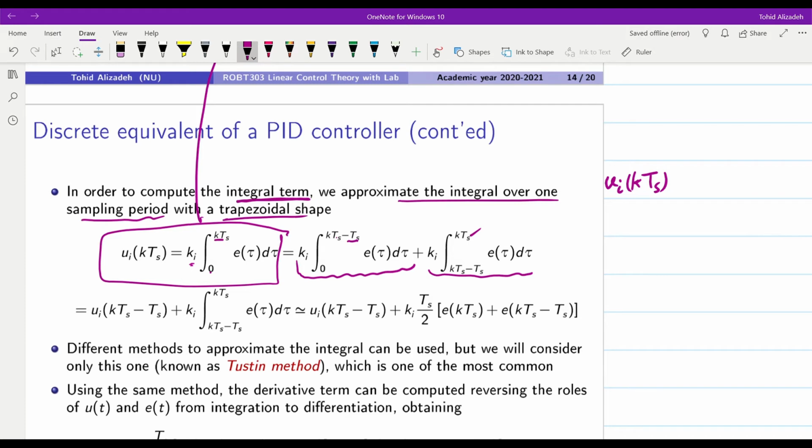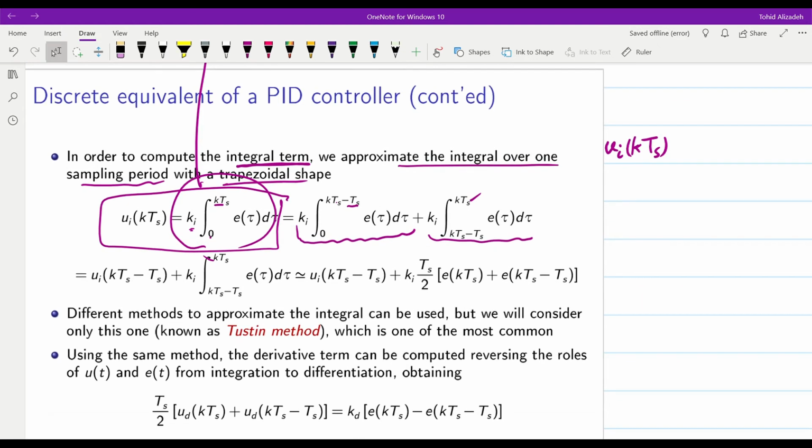So basically the integral that we have here is divided in two parts. But now if we look at the first part here, this is also equal to ui at k Ts minus Ts. So we can write it here.